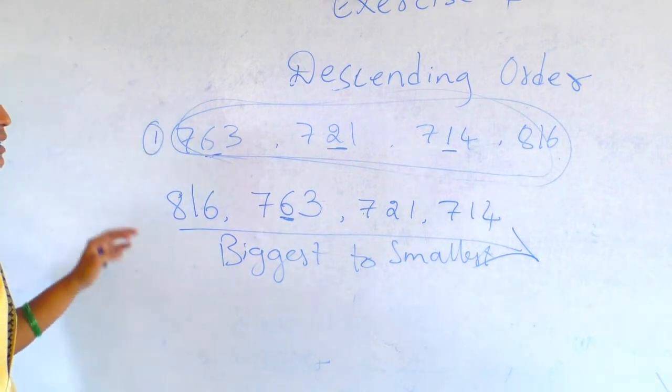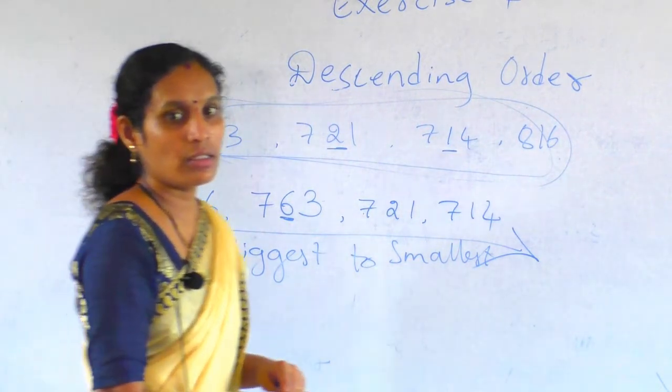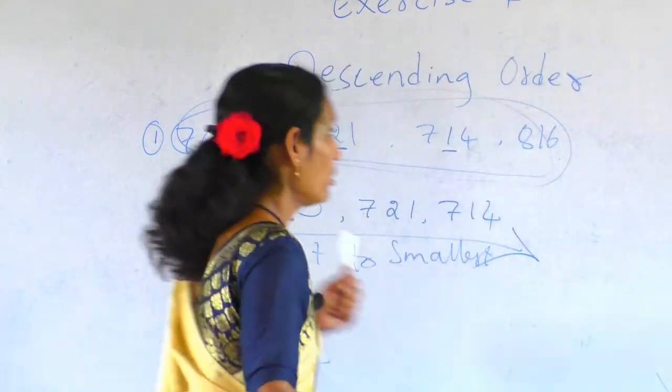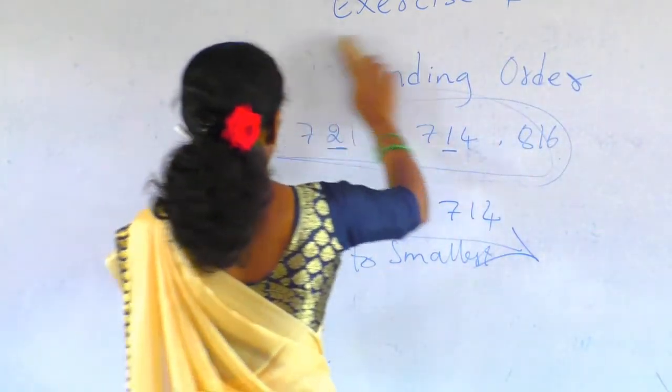Okay, this is all about descending order. Next, you write ascending order. How to write ascending order?